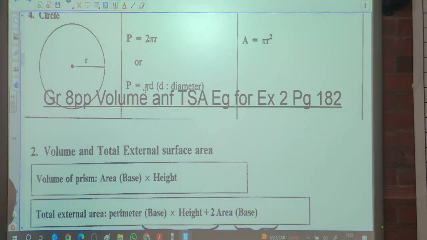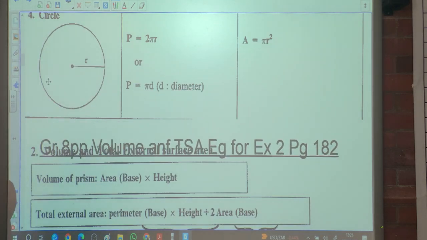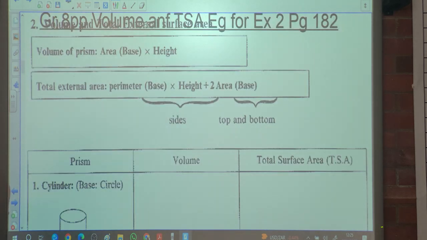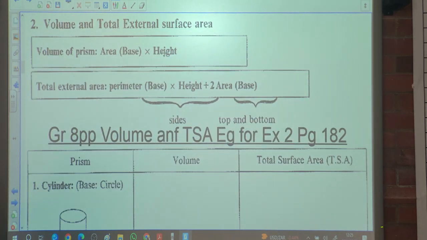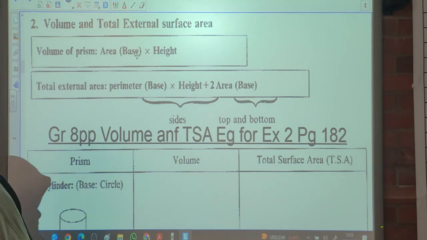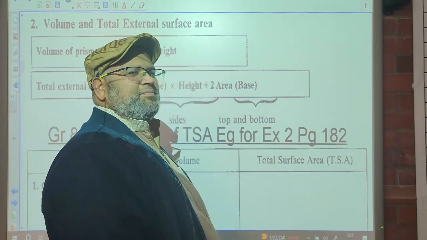In the circle, the perimeter, also known as the circumference, will be 2 pi r, and the area will be pi r squared.